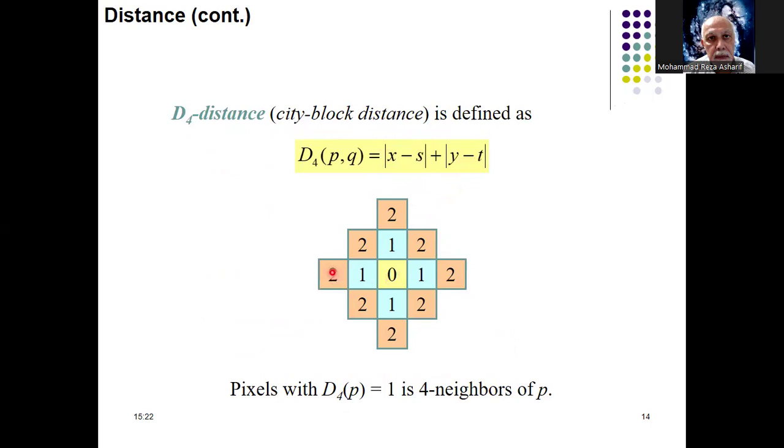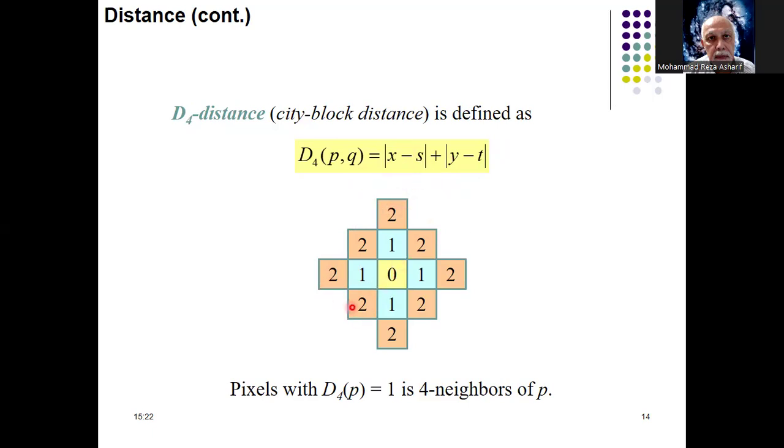So the point between here and here has difference of x and s between pixel P and pixel Q here. The difference of the x is here 2, plus the difference of the y, which here is 0. So it is the summation of absolute values, so it doesn't matter if it's minus.